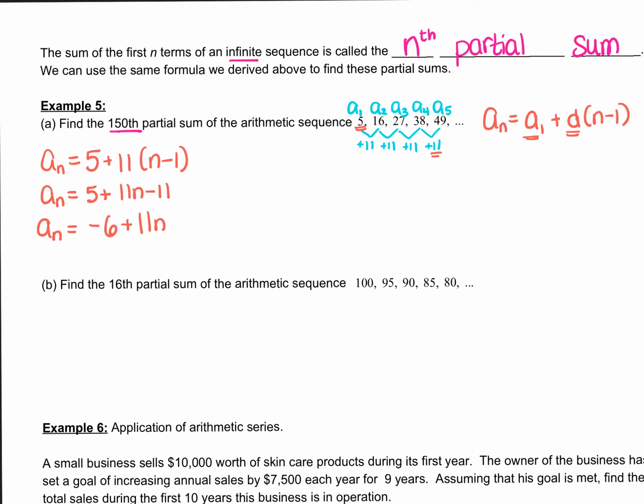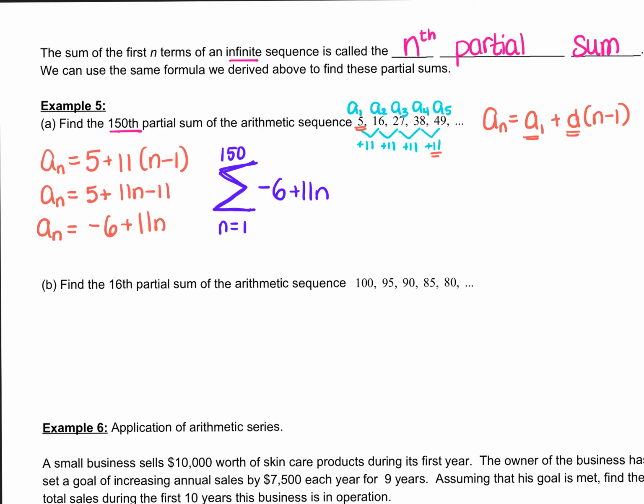Okay, so our summation notation would write this like this. It would say find the sum from when n equals 1 until n equals 150 of the sequence that's defined by negative 6 plus 11n. And that's exactly what we talked about a minute ago, right?